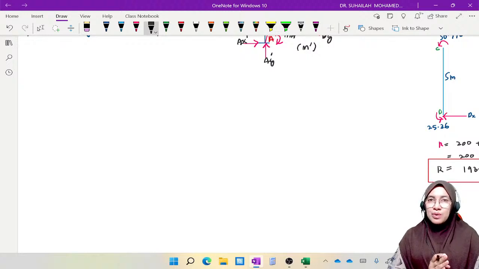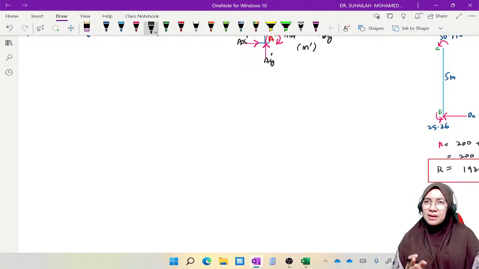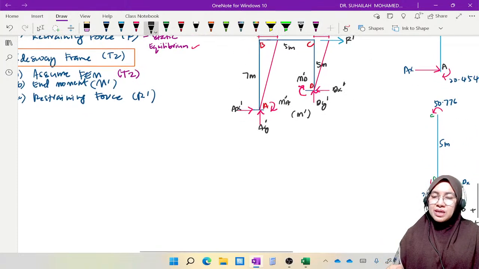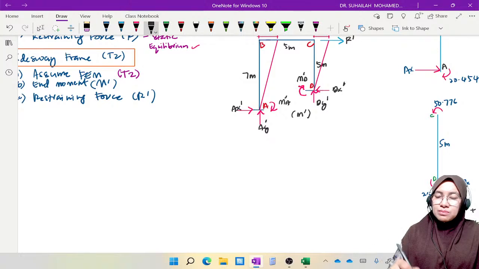We assume one value representing the fixed end moment for one of the columns, say member AB, and then using ratio we will calculate the FEM for member CD.